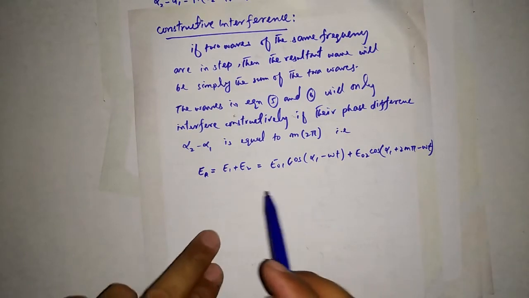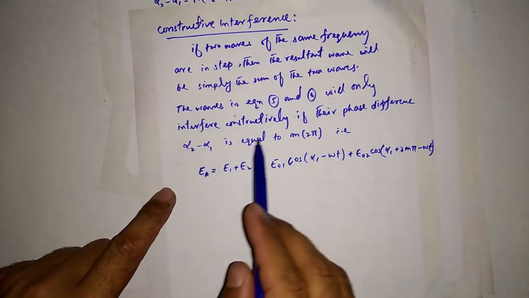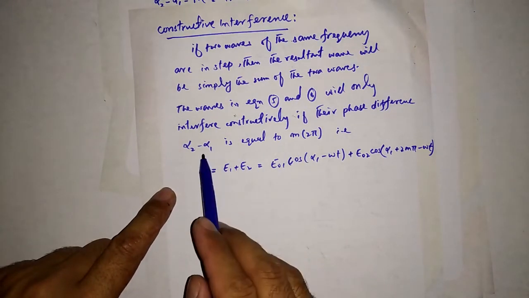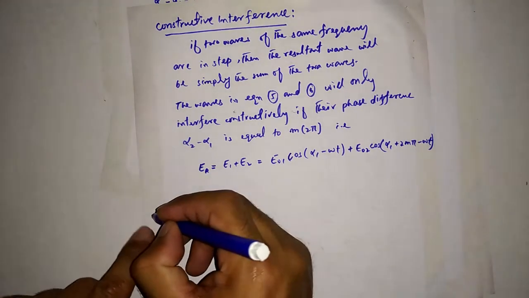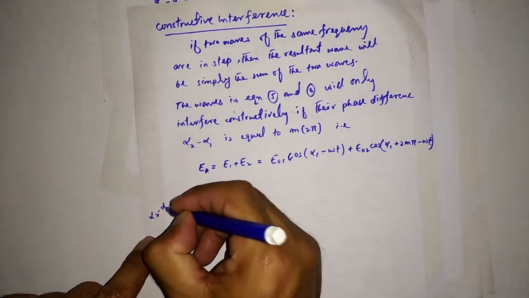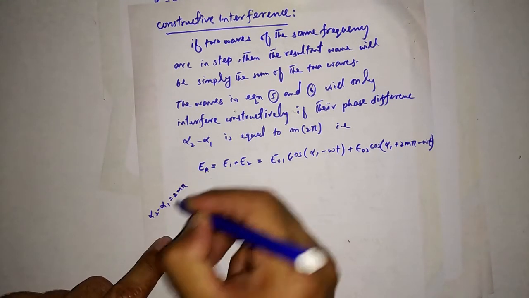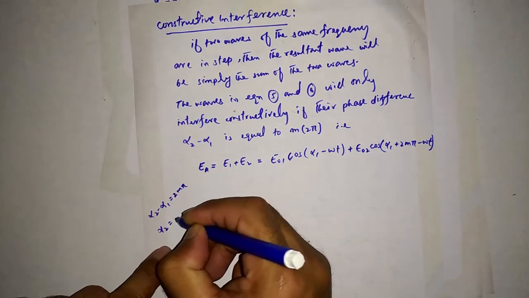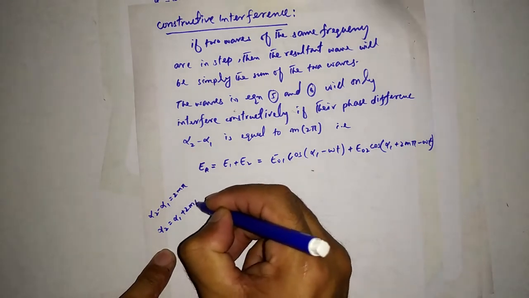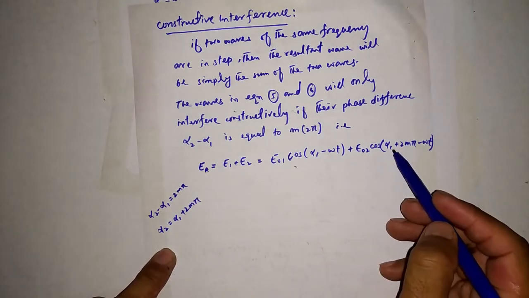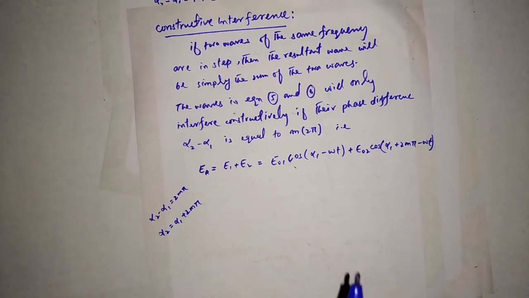I have told you that if the phase difference between the two waves is an integral multiple of 2 pi, that is, if alpha 2 minus alpha 1 is equal to 2m pi, then alpha 2 will be equal to alpha 1 plus 2m pi. So I have just substituted alpha 2 as alpha 1 plus 2m pi.